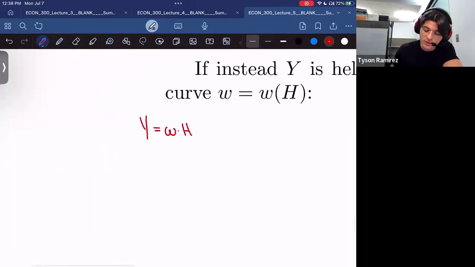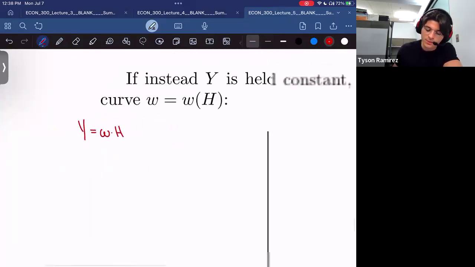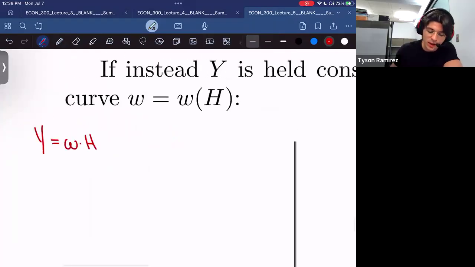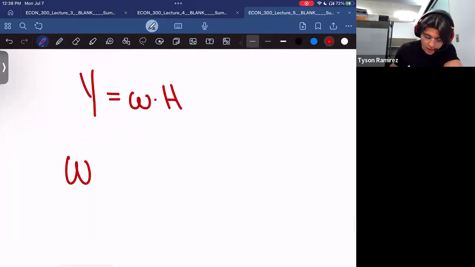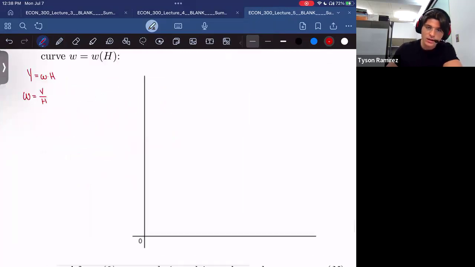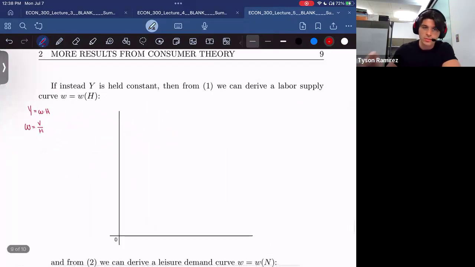What we want to do is get wage as a function of hours worked, because remember h is hours worked. So you'd see something like this, w equals y over h. And this would give us the labor supply curve.